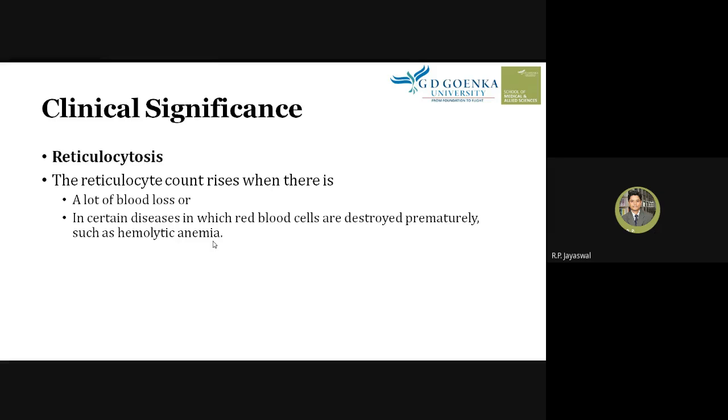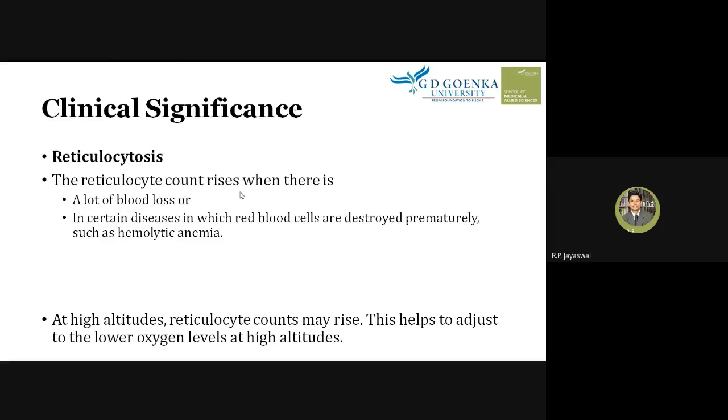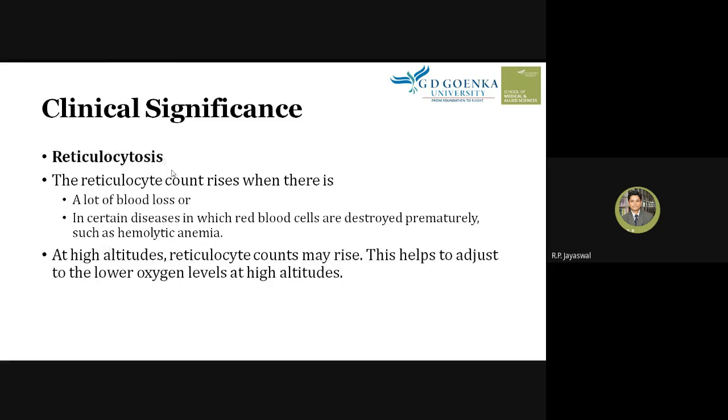So there are two conditions where reticulocyte count can be raised. The first is excess blood loss, and the second is certain diseases where red blood cells are destroyed prematurely. So these two conditions can lead to an increase in the reticulocyte count.